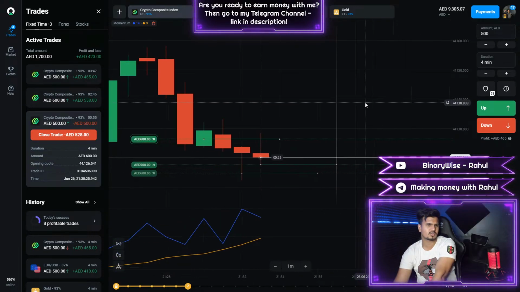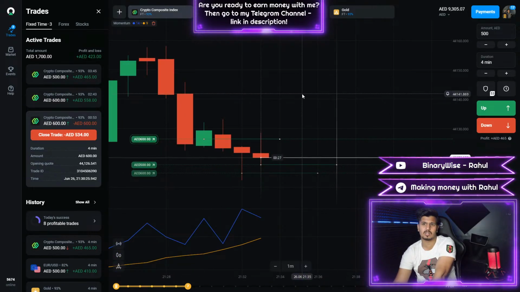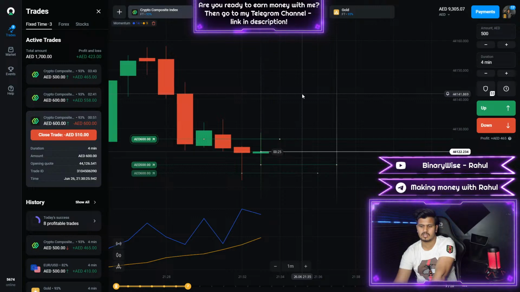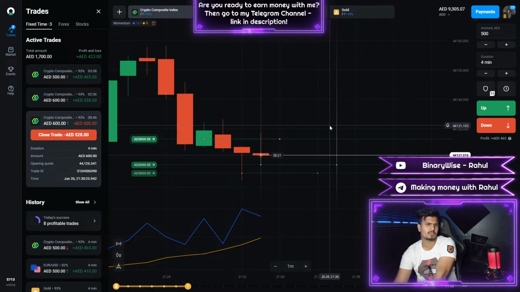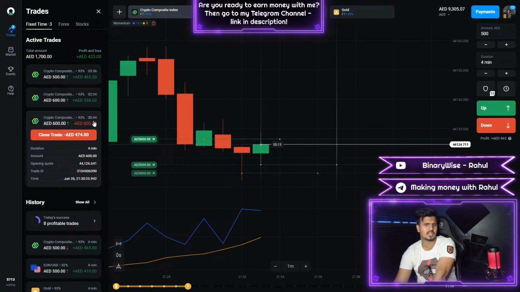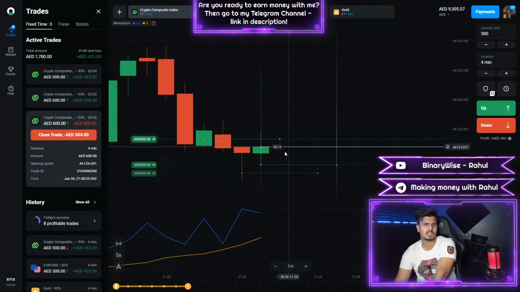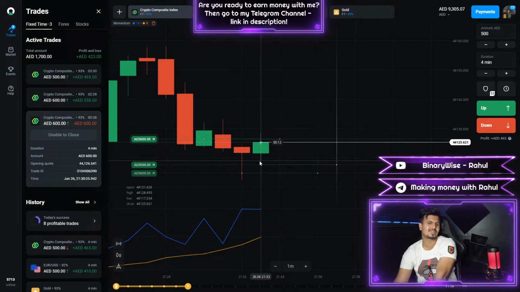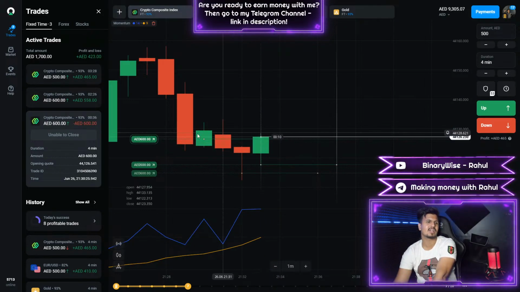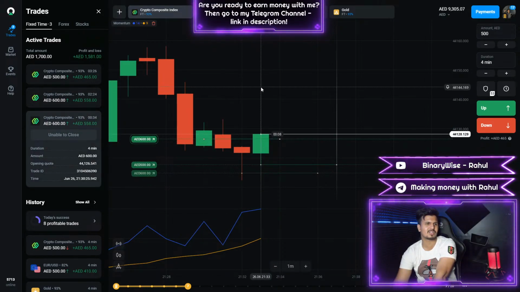Just now it has to move upward, and we will get 3 continuous profitable trades. That's really a great amount. It's trying to move upward, but we still have 40 seconds. And finally it is trying to go back upward, but now at the end time it turned back to the downside. Finally 3 profitable trades came continuously.